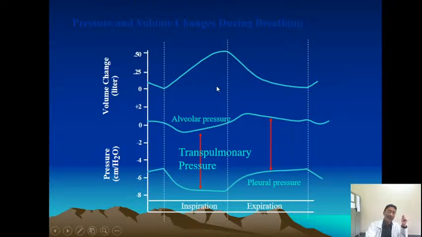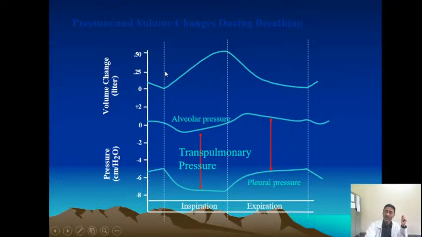Now when we draw a graph here, initially the first half becomes the inspiration and the second half becomes the expiration, and now let's correlate these three graphs. This is the beginning of inspiration. The whole inspiration process is reaching its peak. This marks the end of inspiration, then there is the beginning of expiration, and this half marks the expiration.